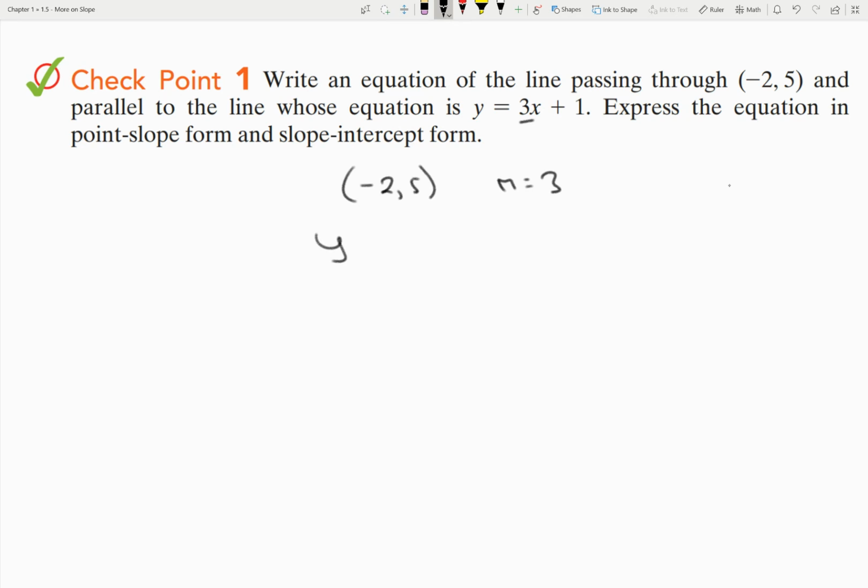So my equation y minus y1 is equal to m times x minus a -2. Distributing, that was point slope. Now let's turn it to slope intercept and add 5 to both sides to give me 3x plus 11.